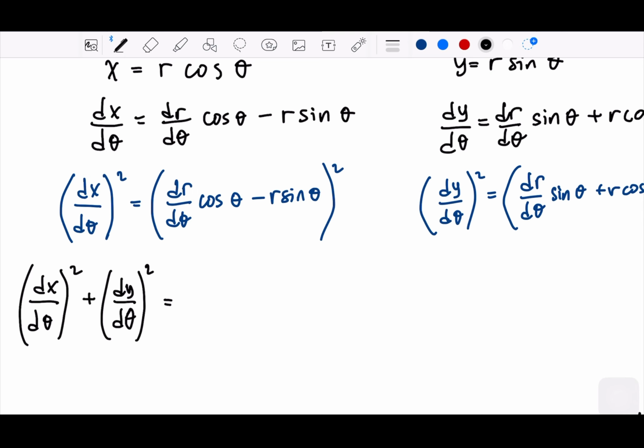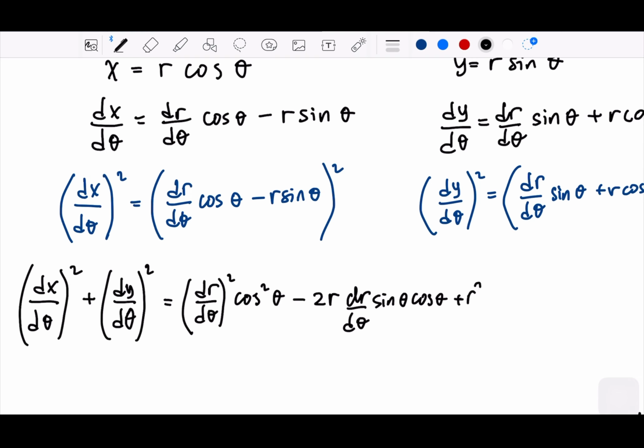So we need to take the squared. Okay, and then my minus 2r dr d theta sine theta cos theta, right?